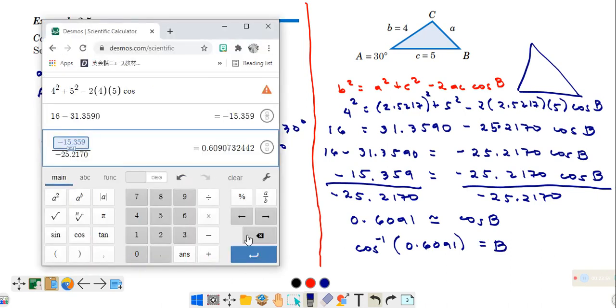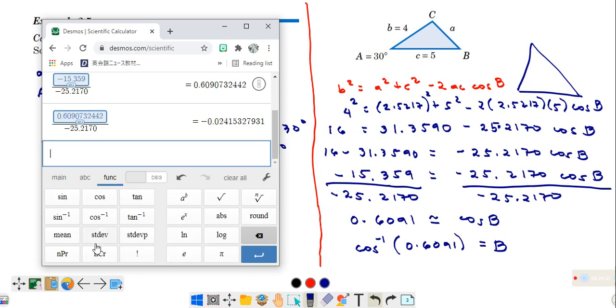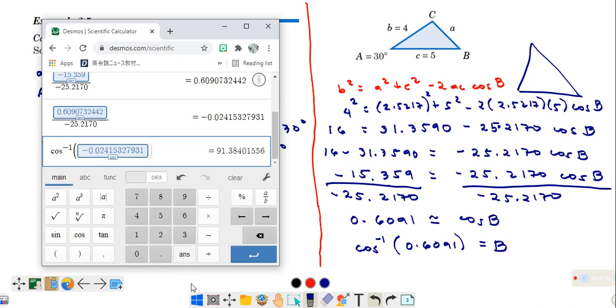Lapit na tayo matapos. Dito tayo sa functions. Dun sa mga calculator nyo, naka-shift lang yan. So, arc cosine of answer.